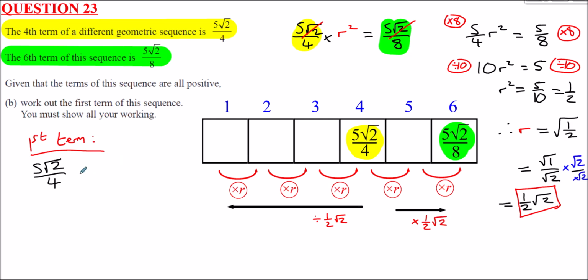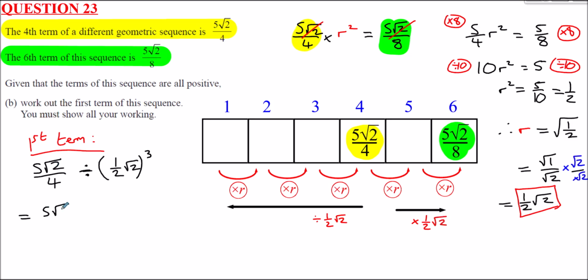So we'd actually be dividing by half root 2 to the power 3, because it's half root 2 divided by half root 2 divided by half root 2 again. For example, if you have to divide by 2 3 times, it's the same as dividing by 2 cubed overall. So we can consider this as a fraction and simplify.